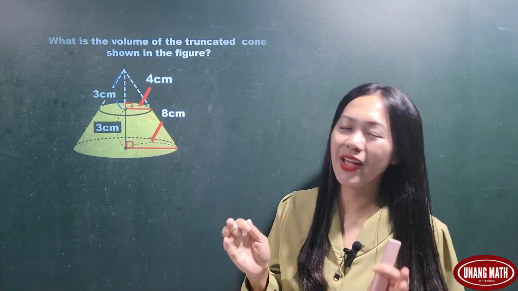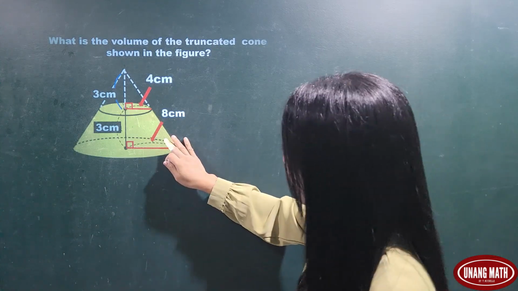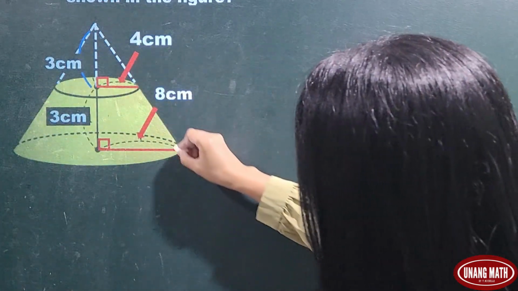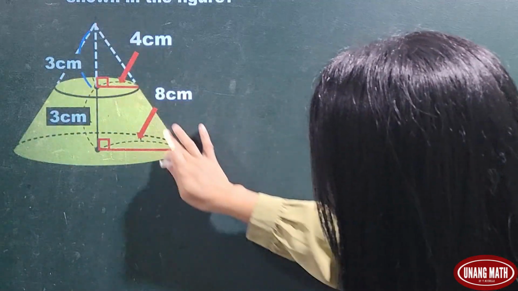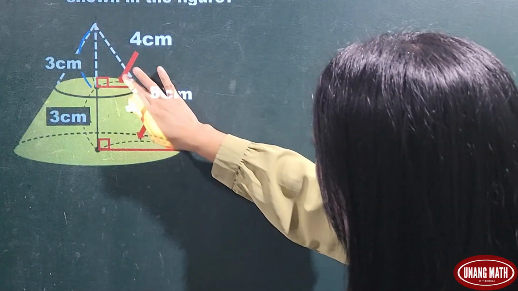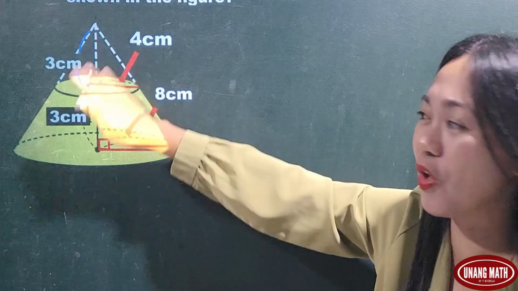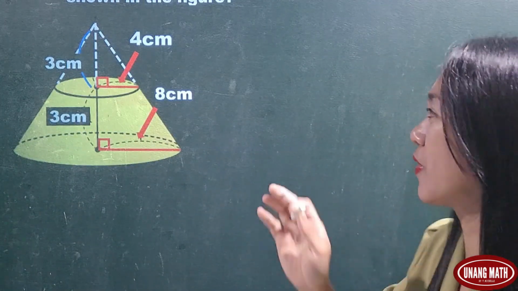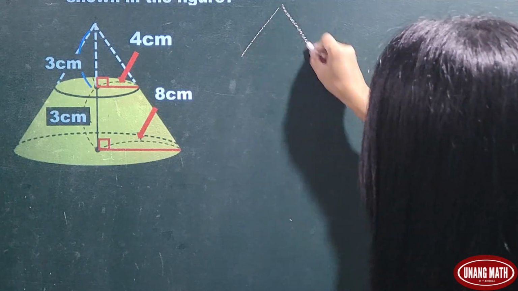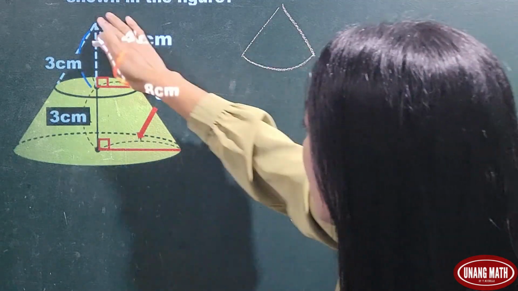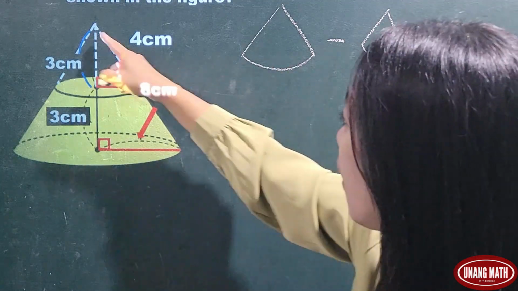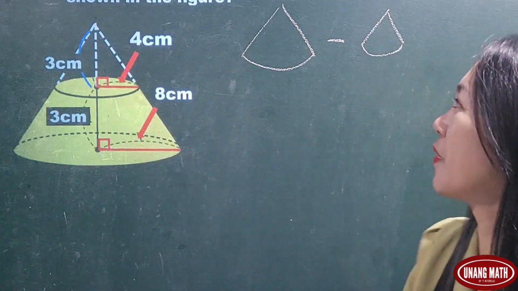Our strategy here is, first, we have to get the volume of this bigger cone minus the volume of this smaller cone to find the volume of this truncated cone.